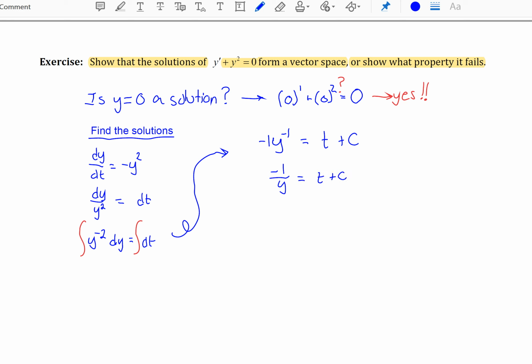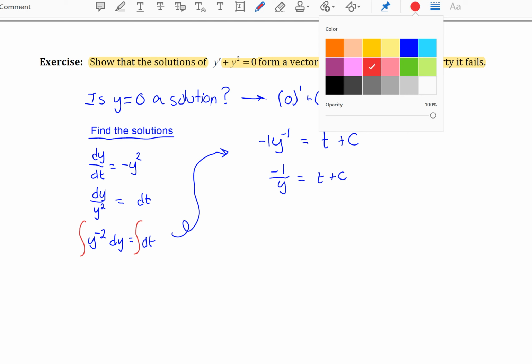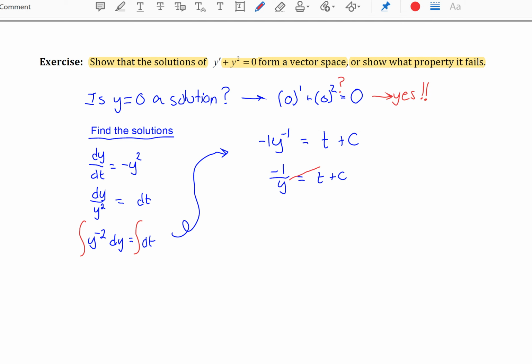Getting rid of our negative exponent, maybe this looks like negative 1 over y equals t plus c. And I want to solve for y, so I'm going to multiply to get the y on the right-hand side and divide by the t plus c to get it on the left-hand side. And so I want to write my solution as y equals negative 1 over t plus c.